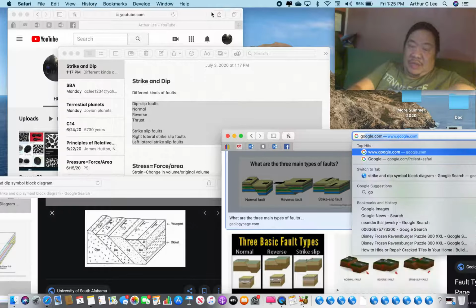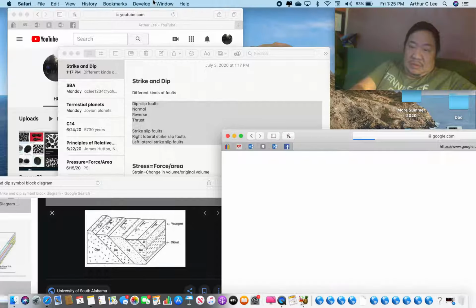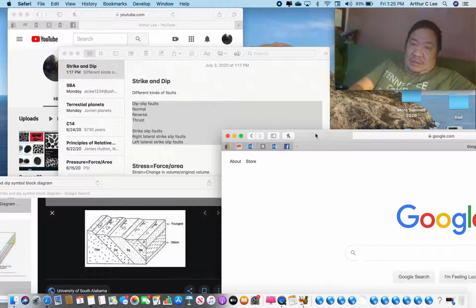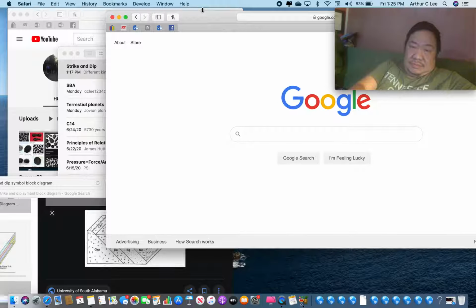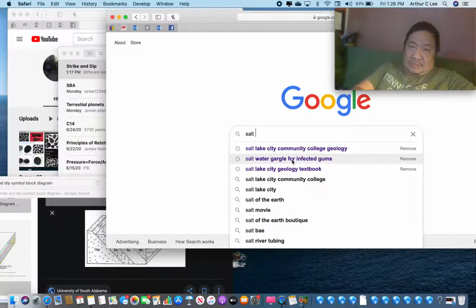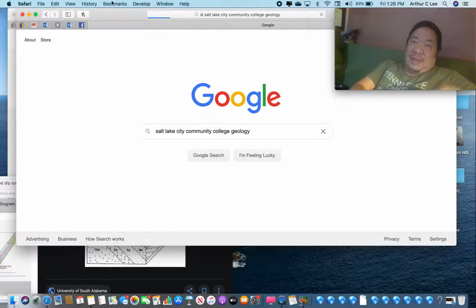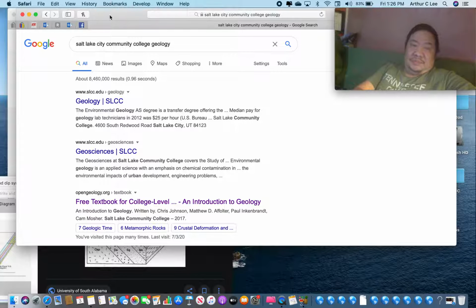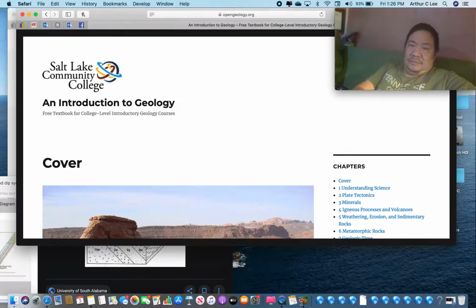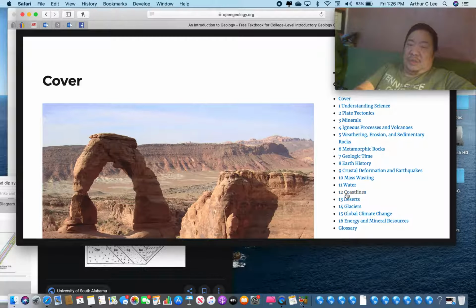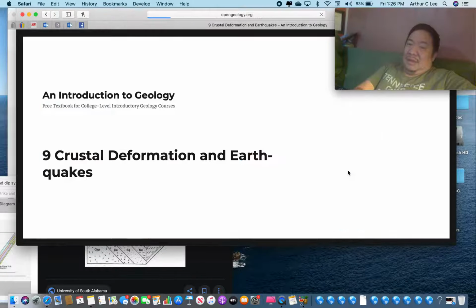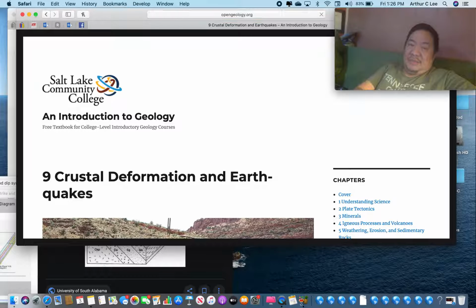There's a video in your textbook that explains strike and dip. Watch that video really carefully, and you will understand what strike and dip are. The lab is going to help you a lot in understanding what strike and dip is.